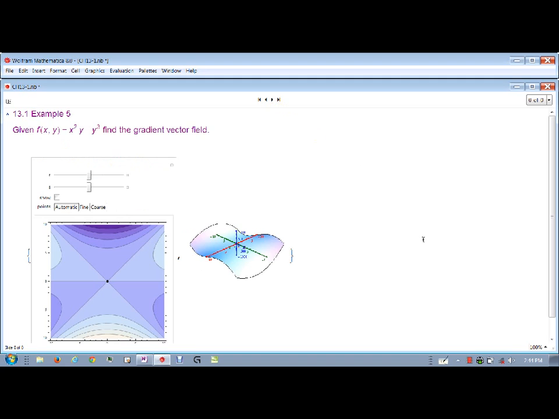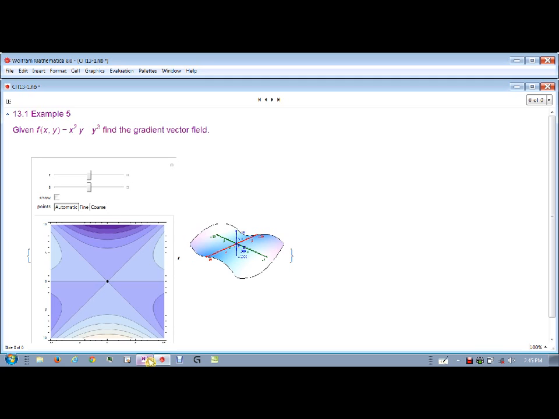So given this function, f of x, y equals x squared y minus y cubed, find the gradient vector field. So what's the gradient vector field for that one? I'll just write it down on the board. We'll call it capital F: 2xy, and x squared minus 3y squared.